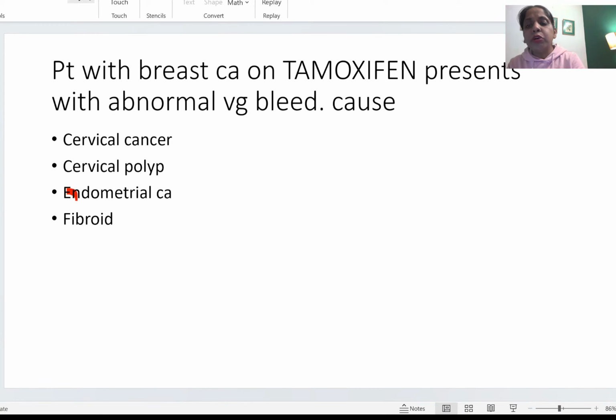Yes, it is endometrial cancer. You can type in Telegram.